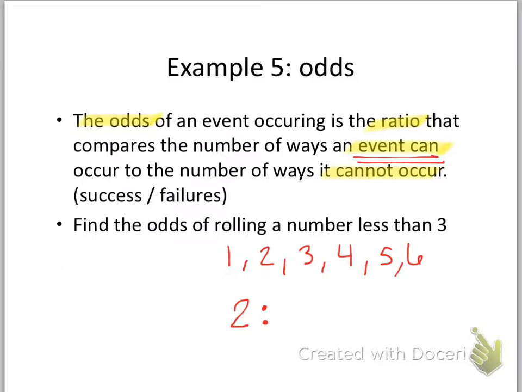So 2 ways that it could happen, and 4 ways that it cannot happen. So that's a 2 to 4 odds. And we want to simplify that just like we would simplify a fraction. We've got 1 to 2 odds.